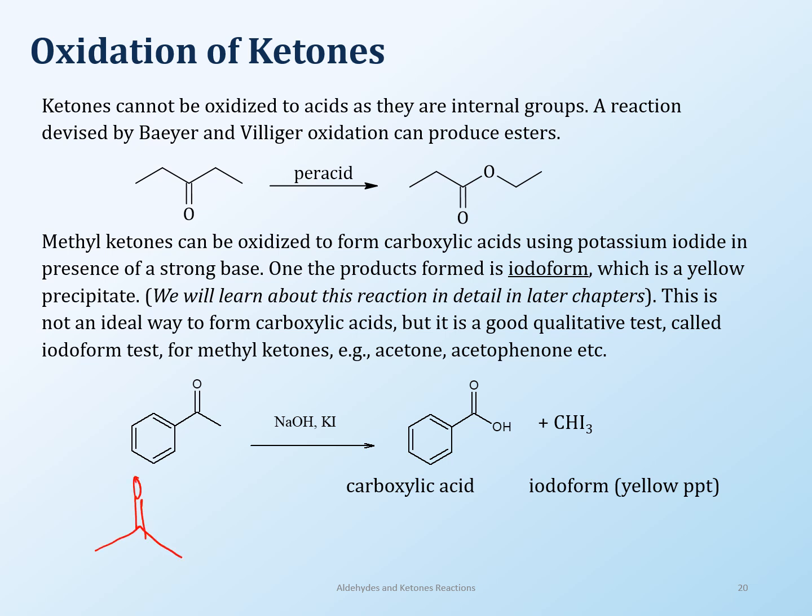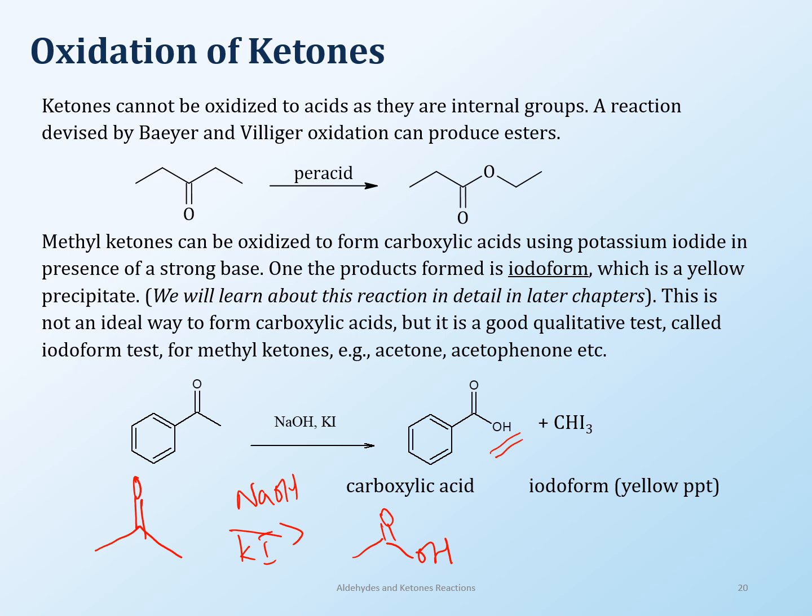Okay, so you can take these same reagents. So if you have sodium hydroxide and potassium iodide, you end up getting acetic acid in that case. Okay, and so you are getting an acid, but it's not a very good way of making an acid because there are so many other ways you can. But this is a very good qualitative test for methyl ketones.